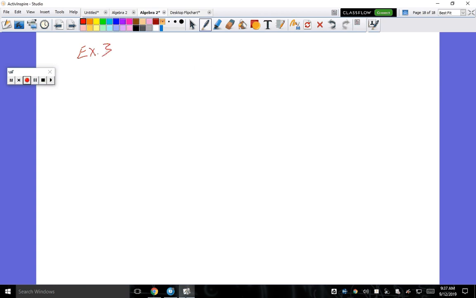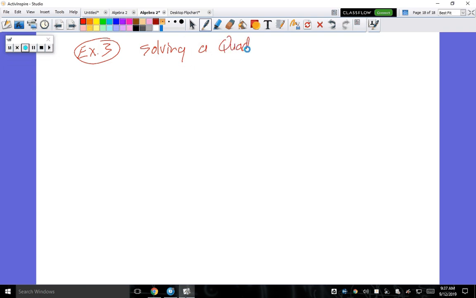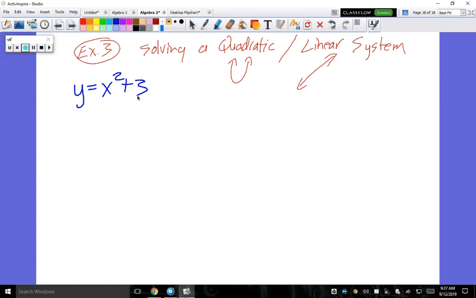Our example is not for a grade. Example number 3 is solving a quadratic, that's this, and a linear, that's this, system. The two equations that I want to give you are y is equal to x squared plus 3, that's the quadratic, and the reason why it's quadratic is because it's raised to the power of 2.